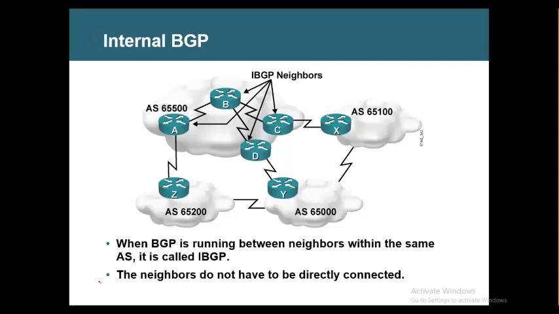So you allow a neighbor between A and C, which are remote routers, not directly connected. As long as the reachability is there between A and C, the neighborship is going to be there.